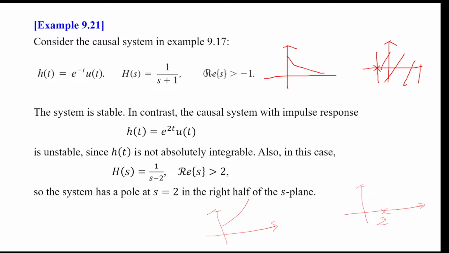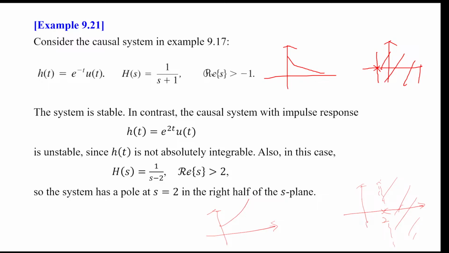From this pole at s equal to 2, you already know that you cannot be causal, rational, and stable, because this pole is to the right of your jω axis. And indeed, what happened is that the ROC is to the right of this plus 2, and this doesn't include the jω axis, so your system is not stable.